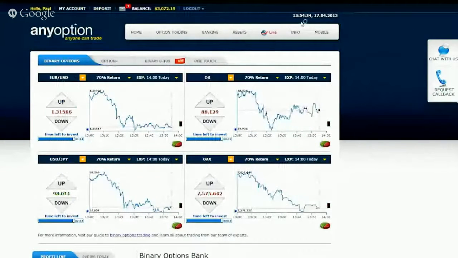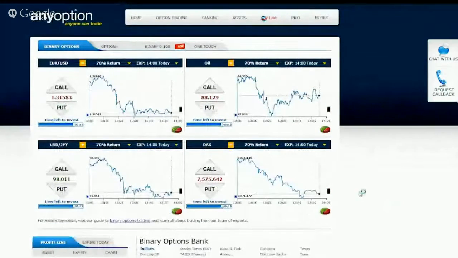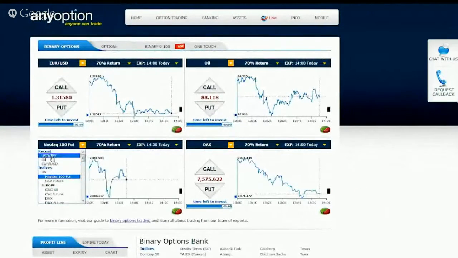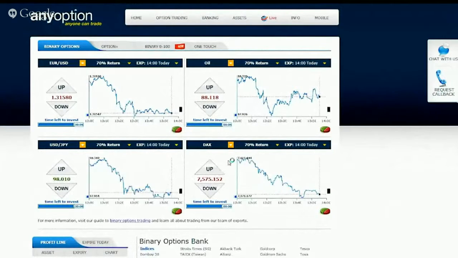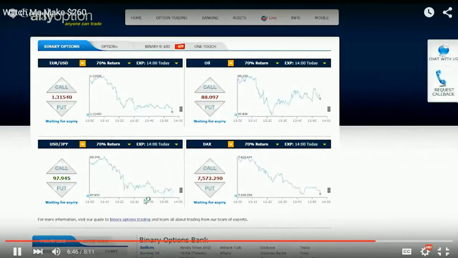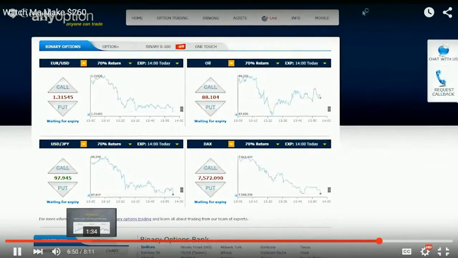Okay, so it's less than 1 minute until expiry, and as you can see, the trend is continuing with the USD/JPY, also with the DAX and the Euro/USD. With the oil, I've exited the position and I have another 5 minutes to expiry, waiting for expiry. After these 5 minutes, you will see how much our actual P&L will be.